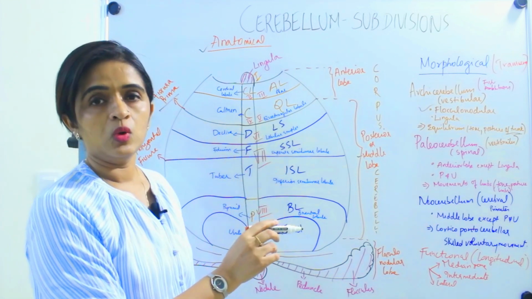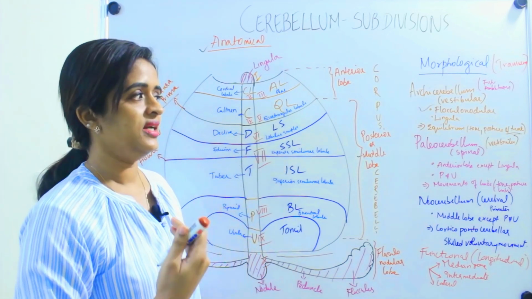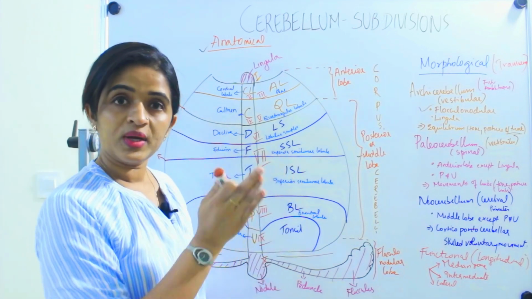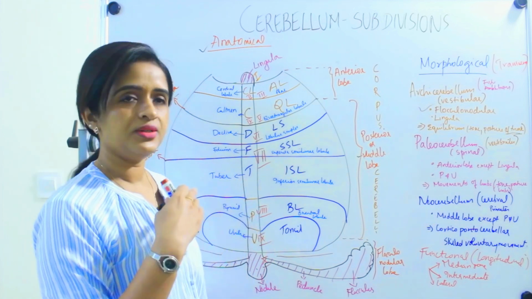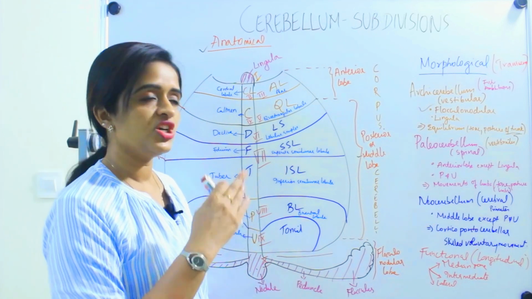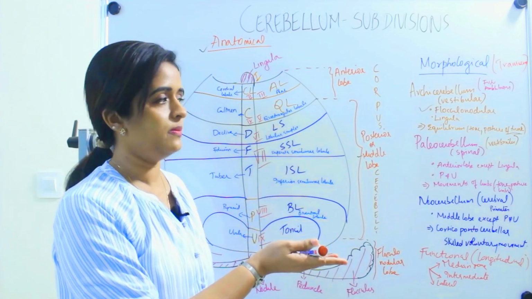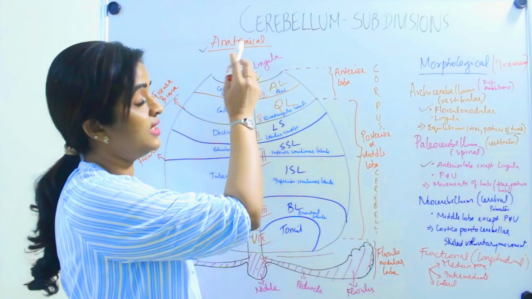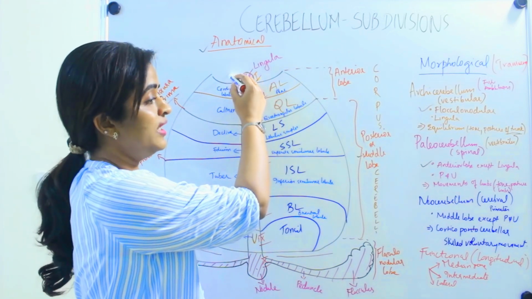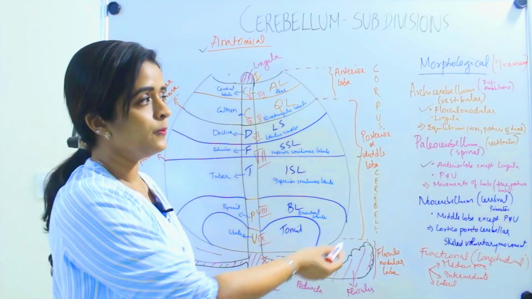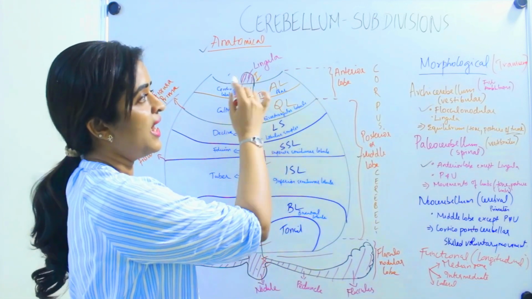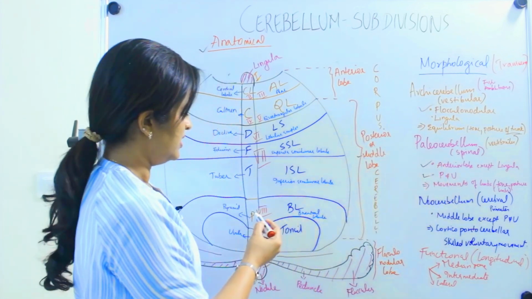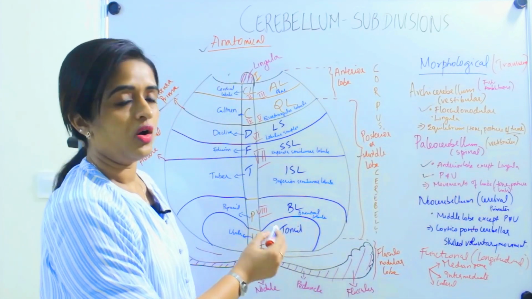Now we will move on to the paleocerebellum. It is again evolved and is seen in terrestrial vertebrates. It is otherwise known as the spinal cerebellum. Why? Because it has spinal connections. So which parts belong to the paleocerebellum? You have the anterior lobe, which we have already discussed in the anatomical classification, but except the lingula, because the lingula has already gone with the archicerebellum, isn't it? So it is the anterior lobe except the lingula, and also the pyramid and uvula of the posterior lobe.